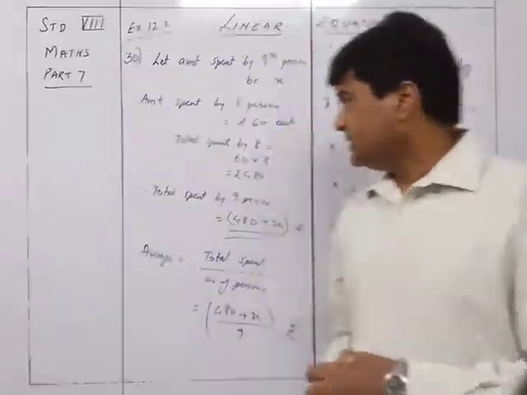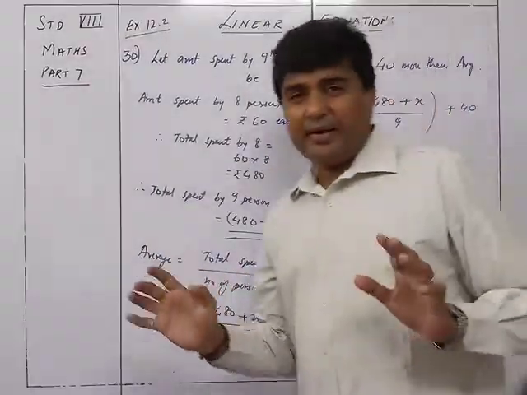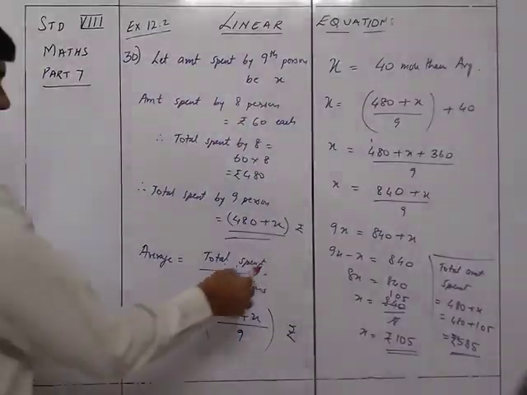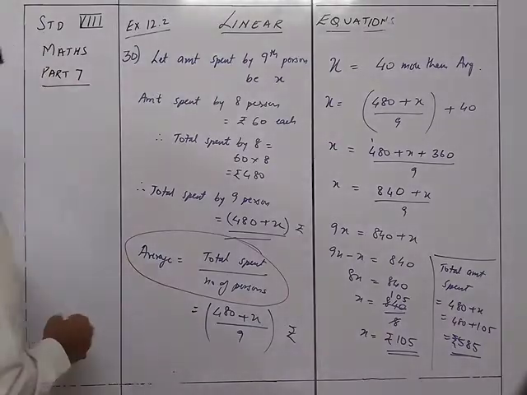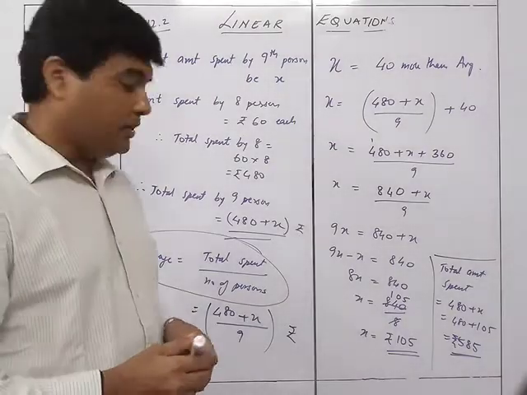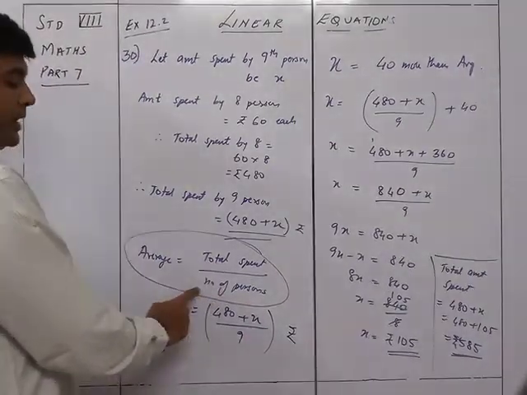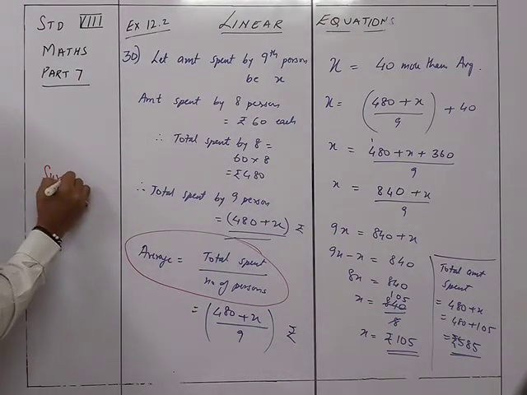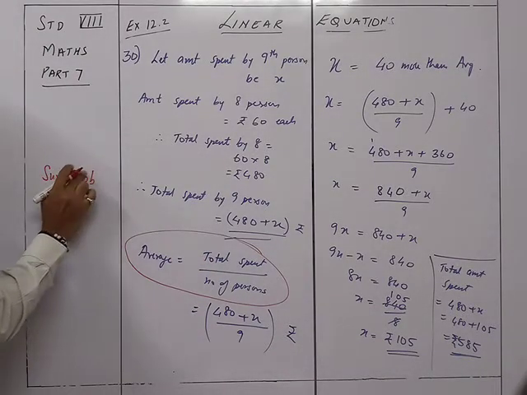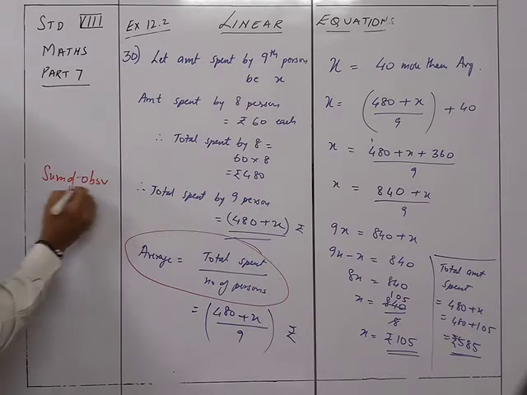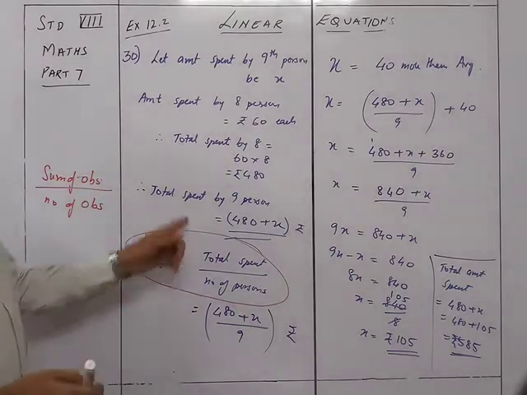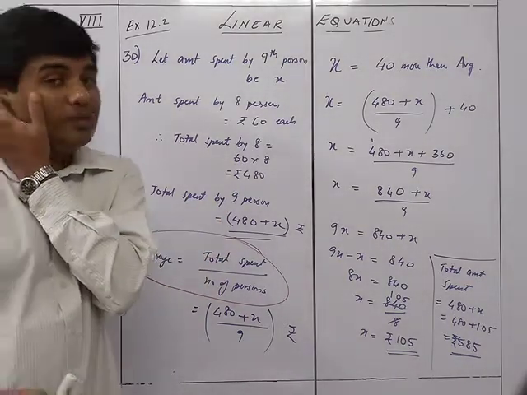Okay, so that was sum number 30, right? Understood properly. What is important over here is the formula for average. Average is sum of observations upon number of observations. Sum of observations is nothing but the total amount spent by all the 9 people.